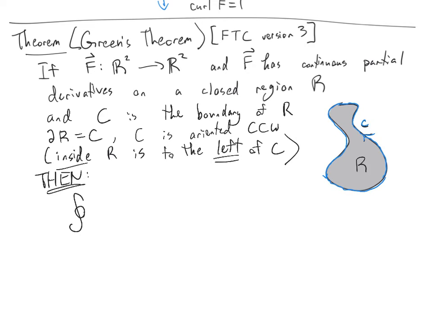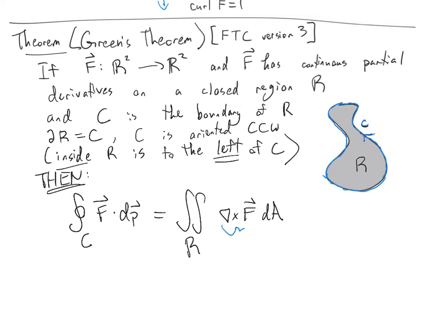the integral around the closed curve C of F dot dr, so the flow of F along C, is exactly the same as the double integral over R of the scalar curl of F dA.